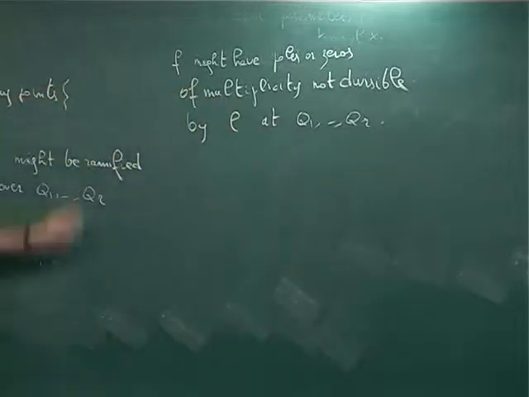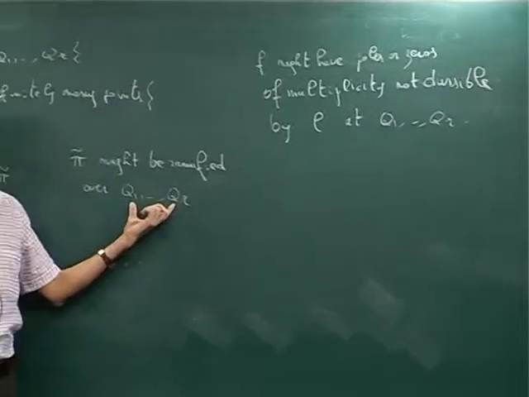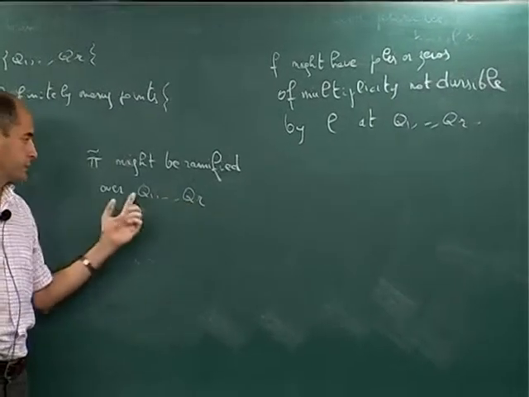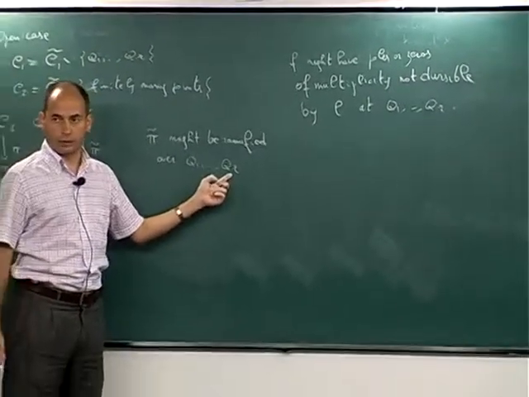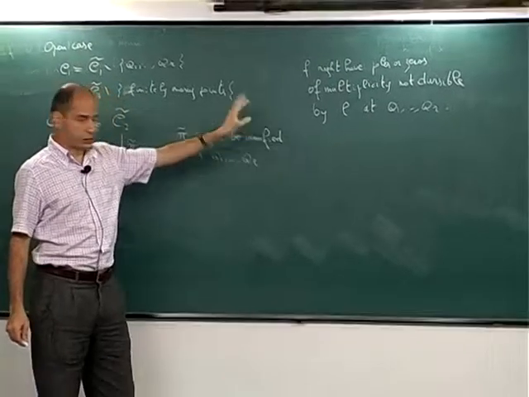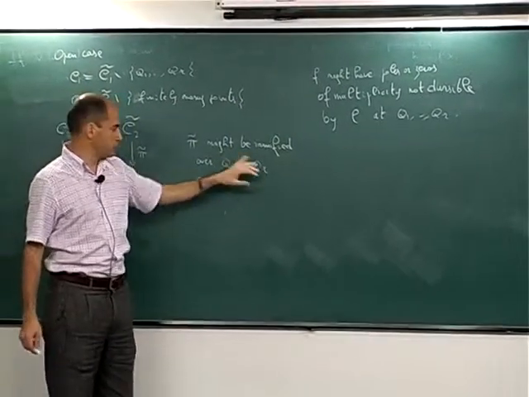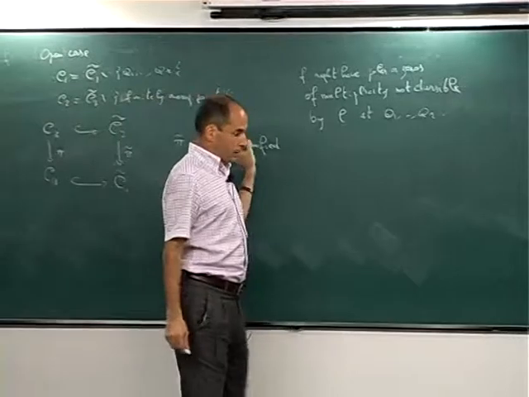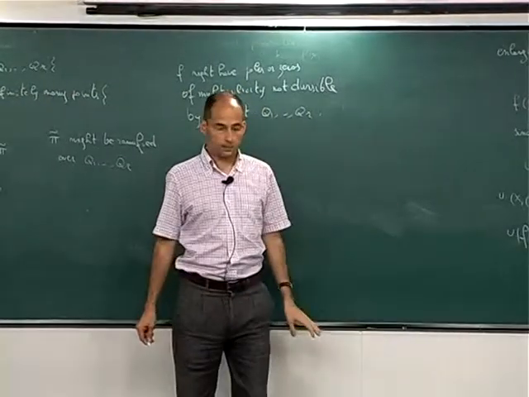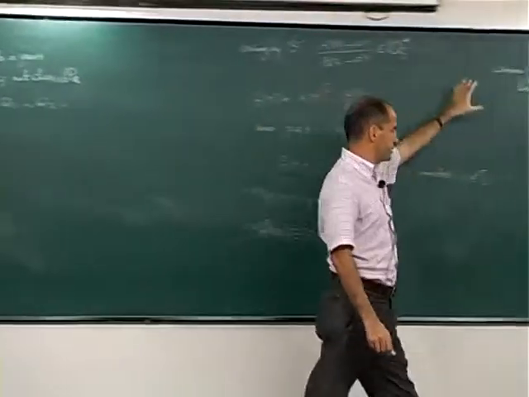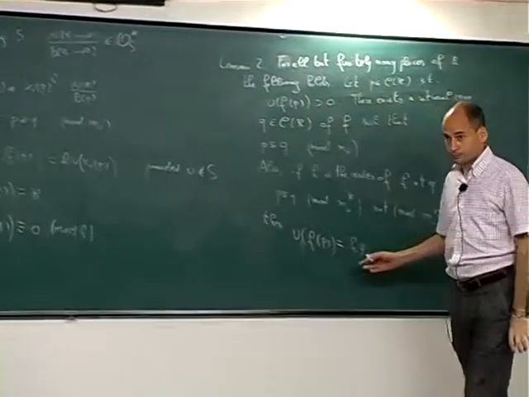So all zeros and poles, but possibly those in Q1, ..., QR, if some of these points is a zero or a pole of F, have multiplicity a multiple of L. And here we don't know. So everything applies. This lemma is still true.